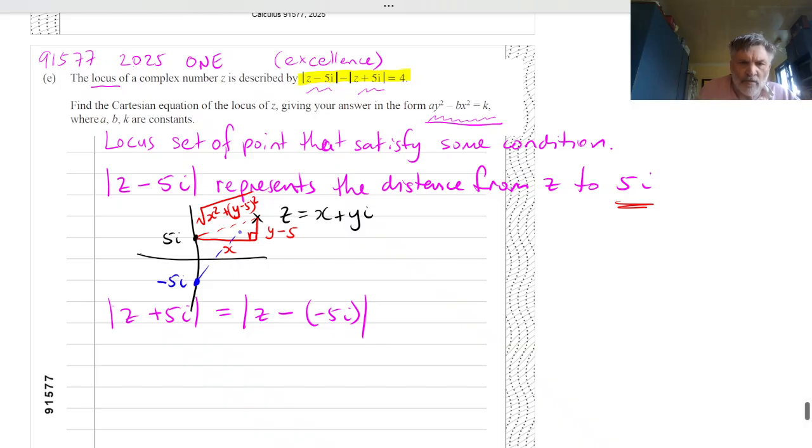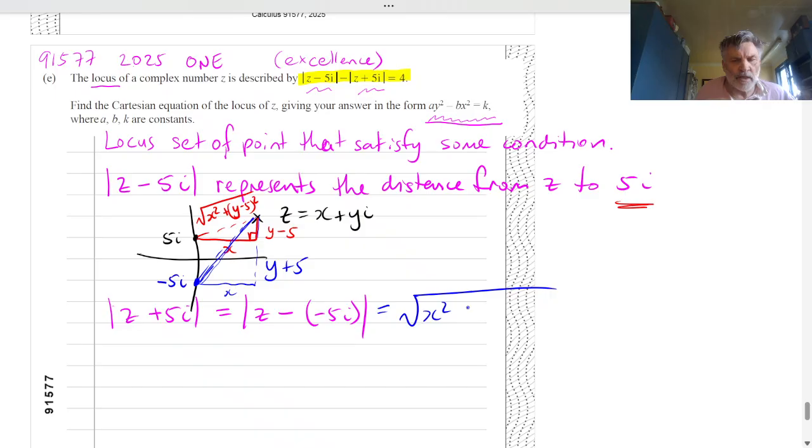So we'd be calculating this distance up here. And again, it's going to be x along here, but down here will be y plus 5. And you can do the square root form, x squared plus y plus 5 all squared.